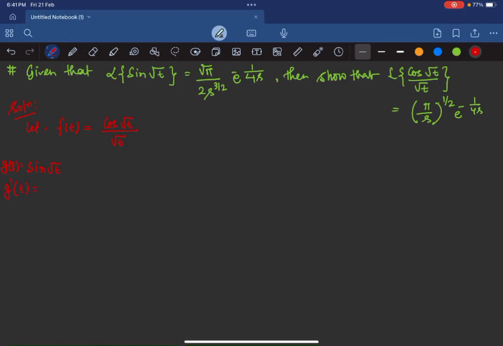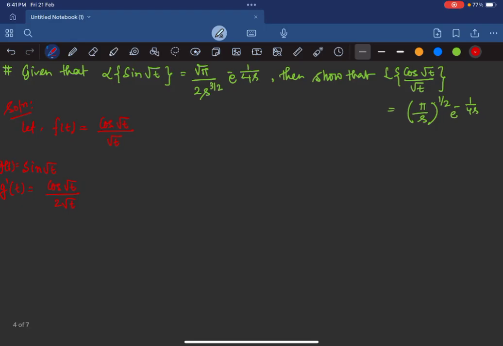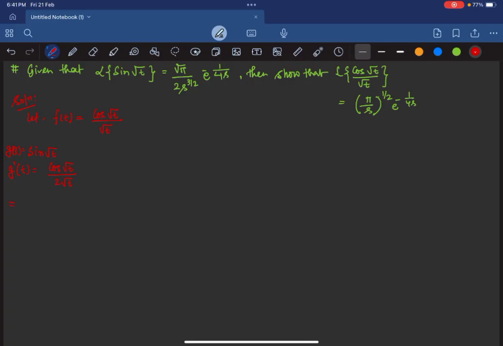So what will be g'(t)? You can find that g'(t) is nothing but cos root t by 2 times root t. Now if you apply Laplace to g'(t), it is given by Laplace of cos root t by 2 root t.